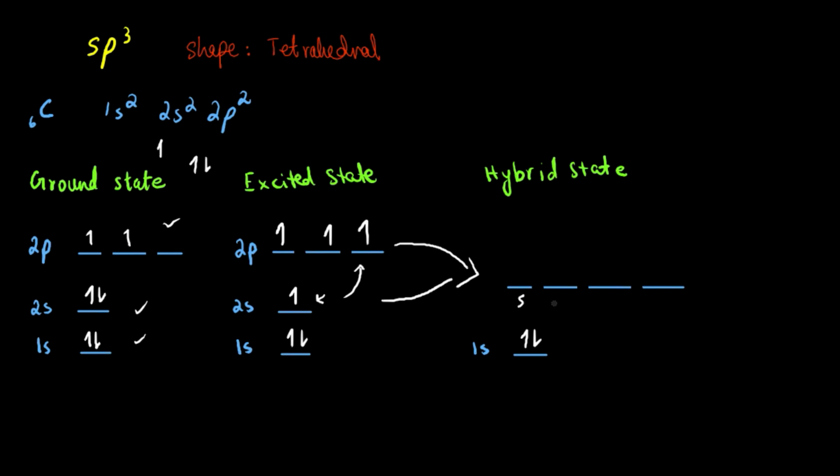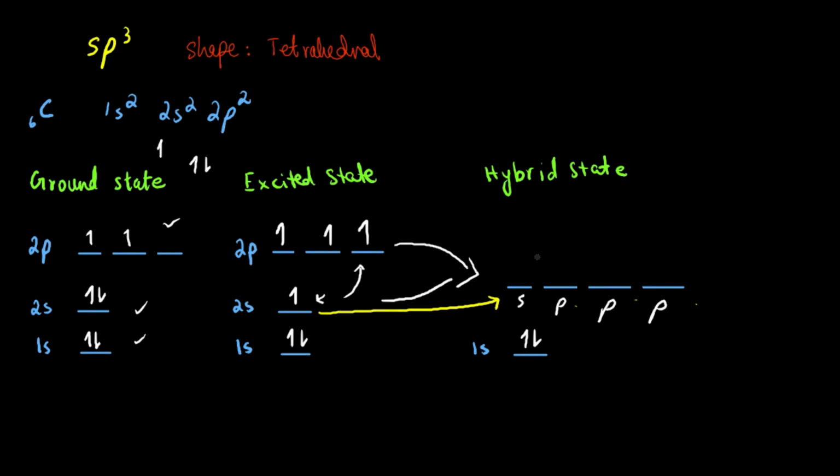This is the sp p p, and you can clearly see why: there is one 2s orbital which comes over here, and there are 3 2p orbitals over here. A point to note is that the sp3 is at an energy level between 2s and 2p, not more than that and not less than that.